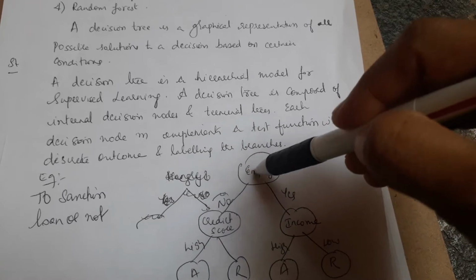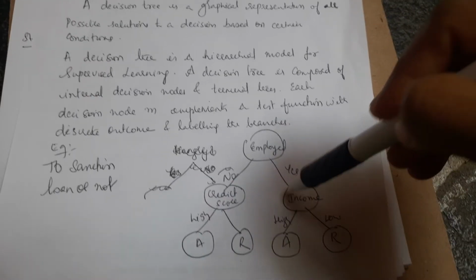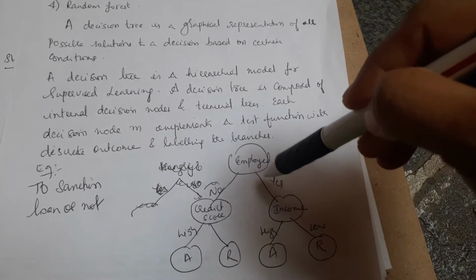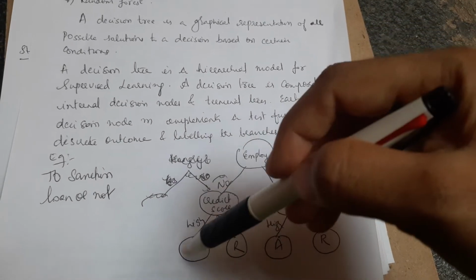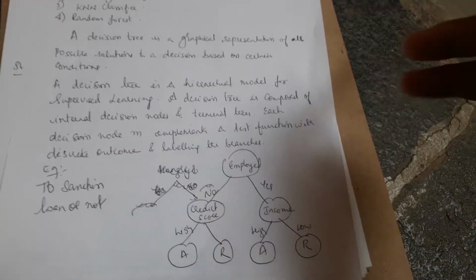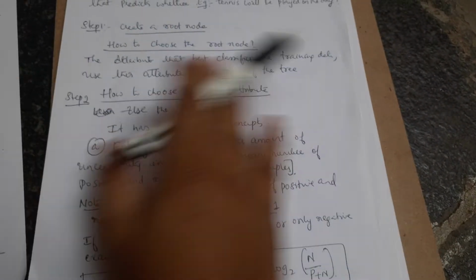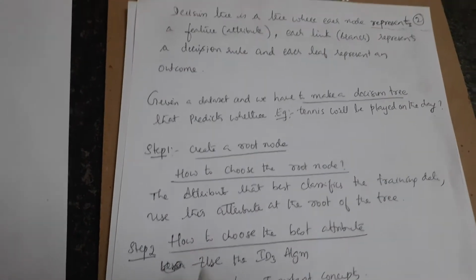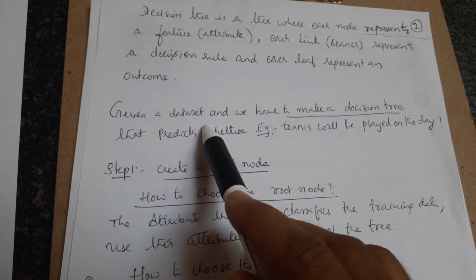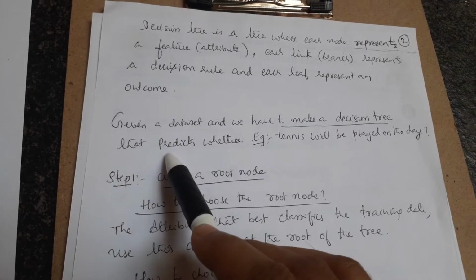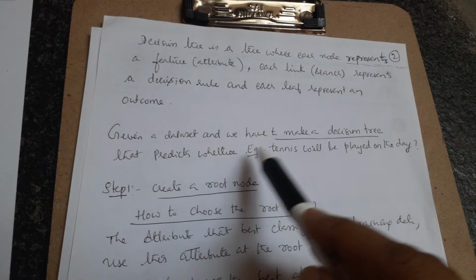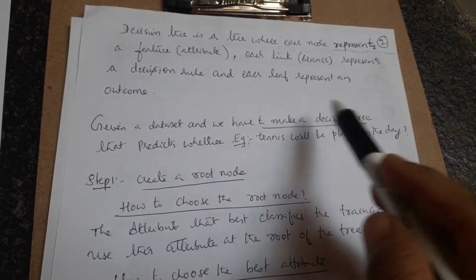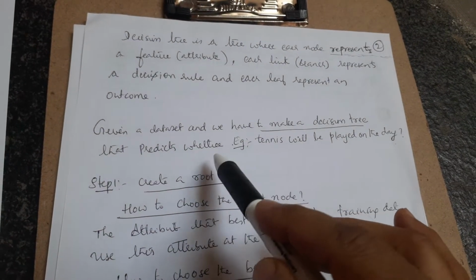The branch is a decision rule, which is a condition, and the outcomes are the labels, and these leaves are nothing but the labels. So given a data set, we have to make a decision tree and predict, for example, whether tennis will be played on that day based upon the environment conditions. If such conditions are there, for prediction we go for a decision tree.